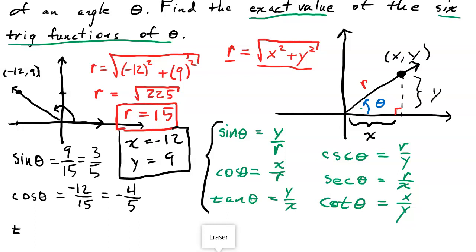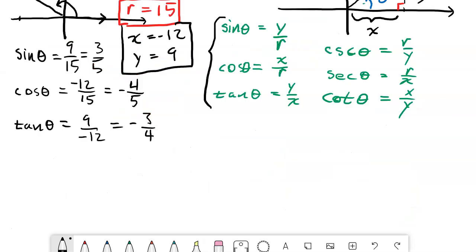Lastly, we have tangent, and that's equal to x over y, or sorry, y over x. So we have 9 over -12, and that's going to simplify to -3/4. If I move the screen down just a bit, we can then write cosecant theta as the inverse of sine theta. So that's 5 over 3.